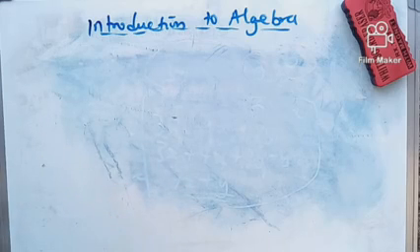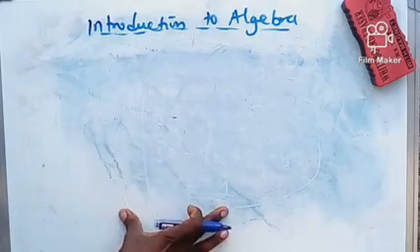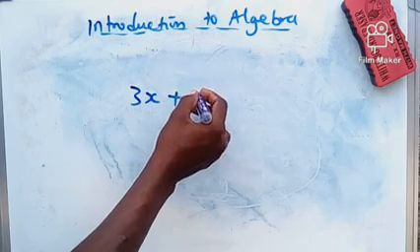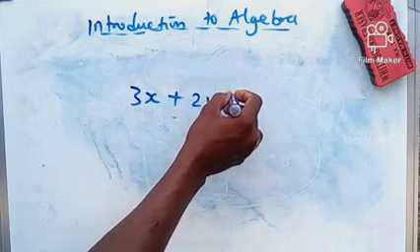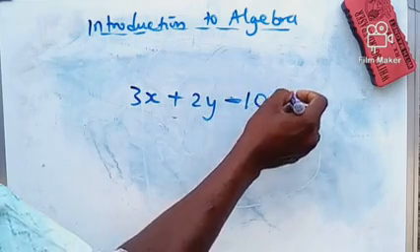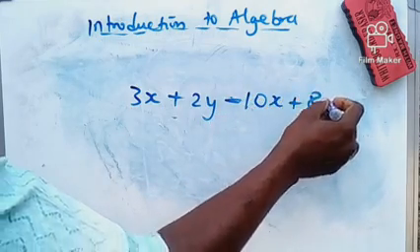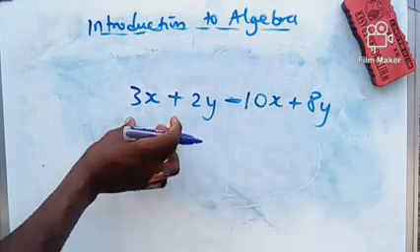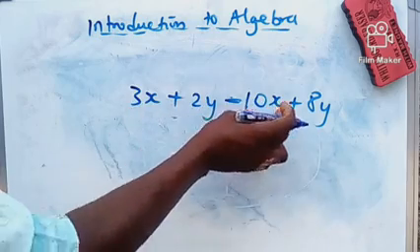Now, it is not just enough to simplify the problem, just like when we have 3x plus 2y minus 10x plus 8y. When you have this kind of problem, to solve it, what do you do? You collect like terms, which is 3x and 10x are like terms.